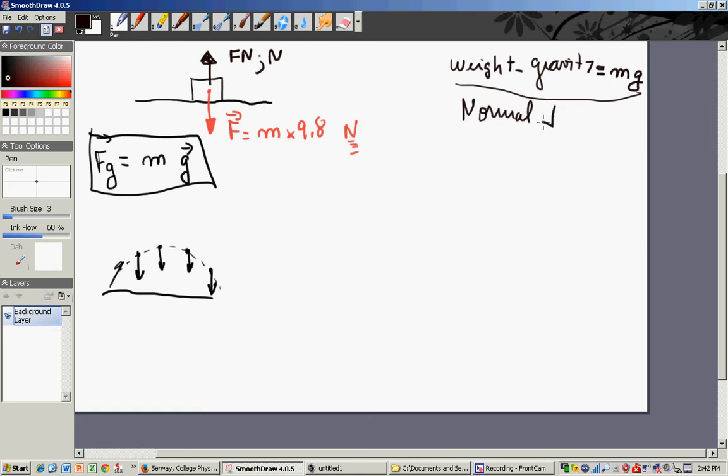Normal force is one that is always applied perpendicular to the body you are studying, and implies there is contact between the body and the surface you are studying. So let me show examples of normal force in action.